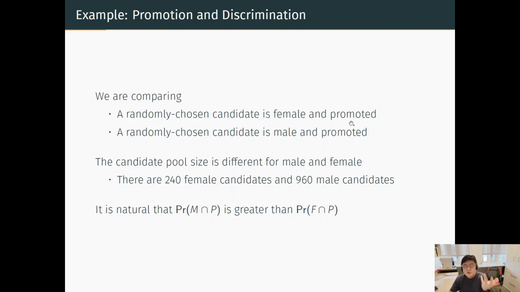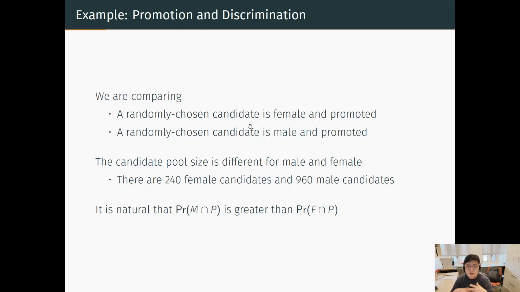comes from whether they are promoted or not, but at the same time, there are just many more male police officers than female. Pool size matters. It matters that pool sizes are different, so we cannot compare that. If you randomly choose any police officer, there are more male officers, right?